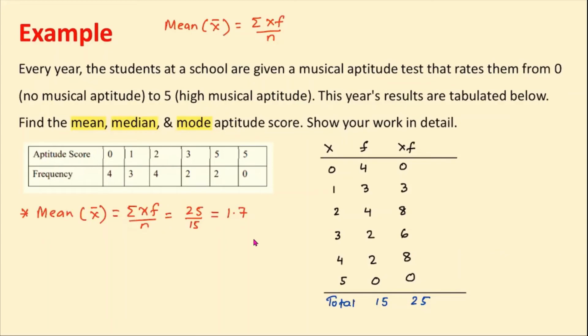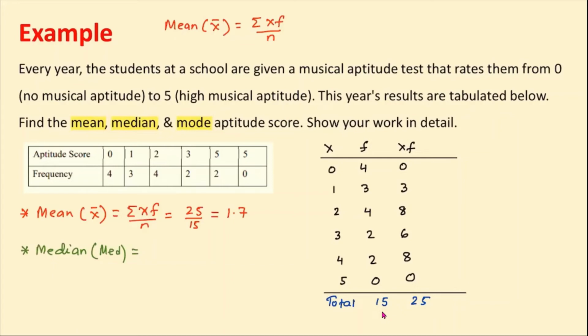Now the next one we need to find is the median. Median, denoted by MED, is the middle value in the observations. The total number of observations is 15.